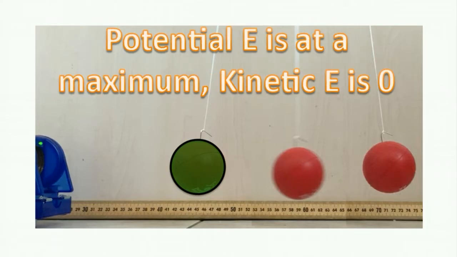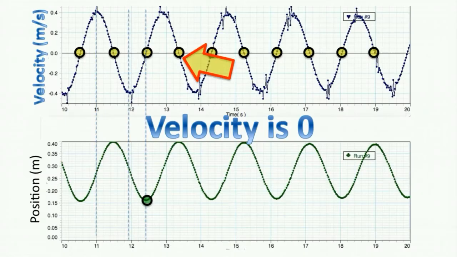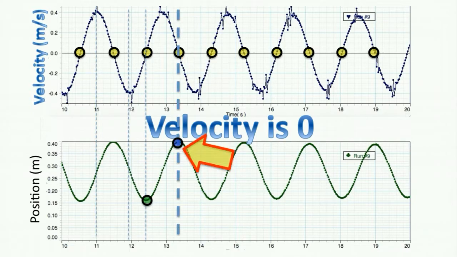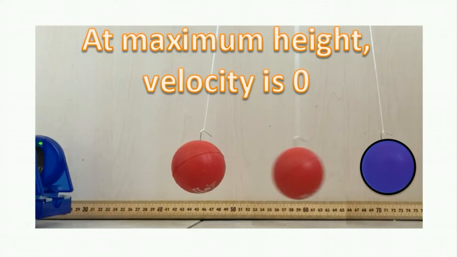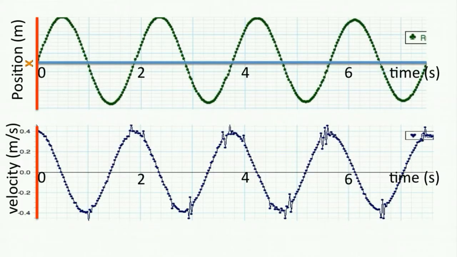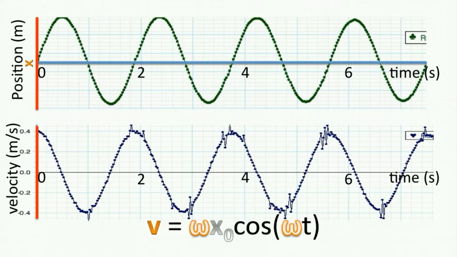Potential energy is at a maximum, and of course, kinetic energy is 0. Let's look at the velocity there when it's 0. That seems to be when the pendulum is at a maximum point, when it's furthest away from the sensor. And so at maximum height, once again, the velocity is 0. All right, so we have our position and velocity time graphs, and there is our equation for the velocity.